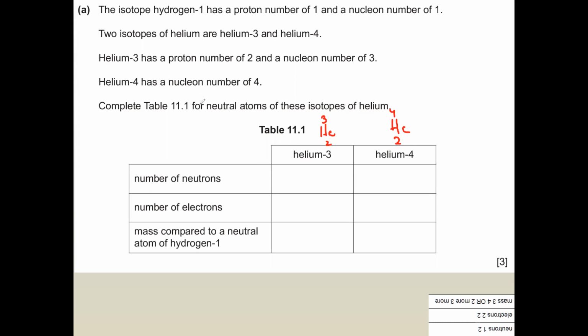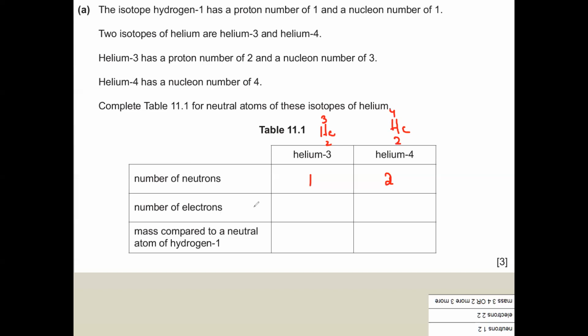Complete table 11.1 for a neutral atom of these isotopes. For the number of neutrons, we subtract: 3 minus 2 is equal to 1, and 4 minus 2 is equal to 2.